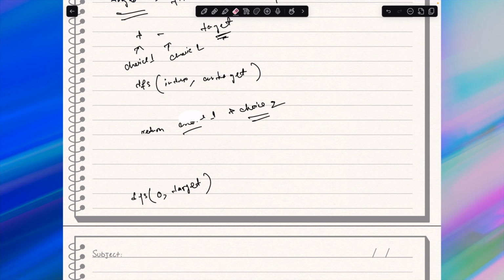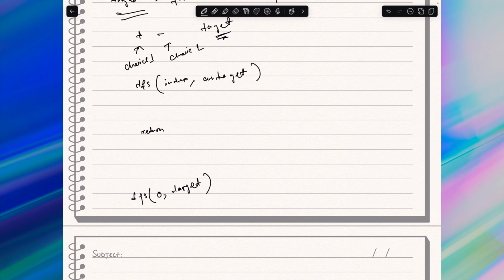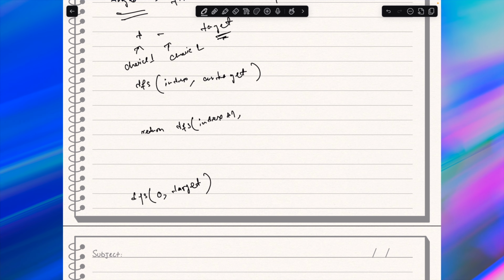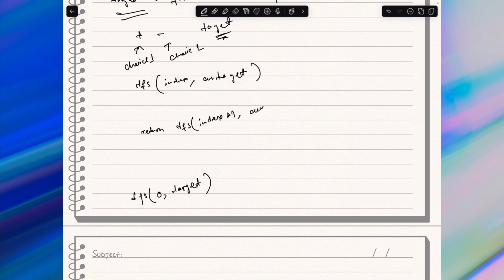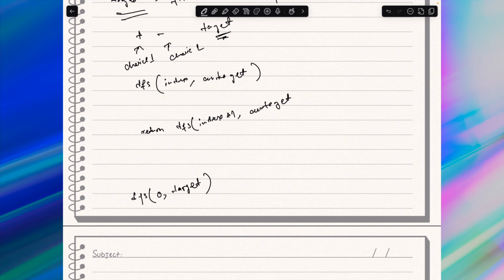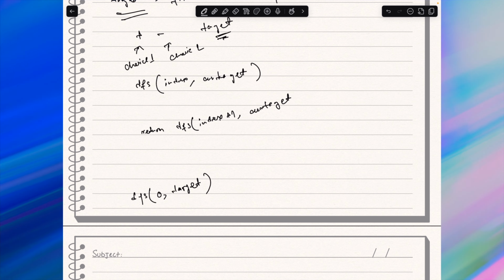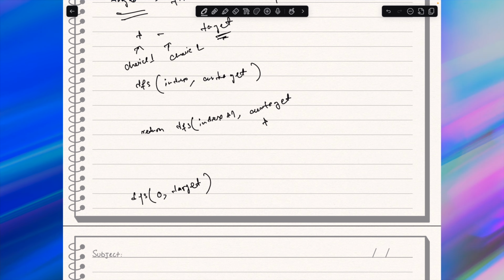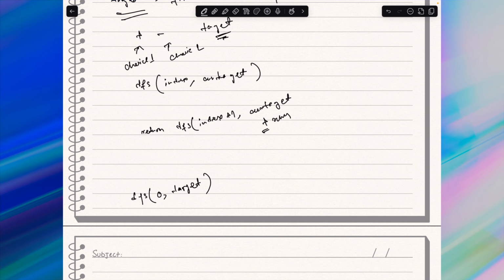Rather than writing this, we can say return DFS of index plus 1, current target plus nums of index. So we are taking choice 1.